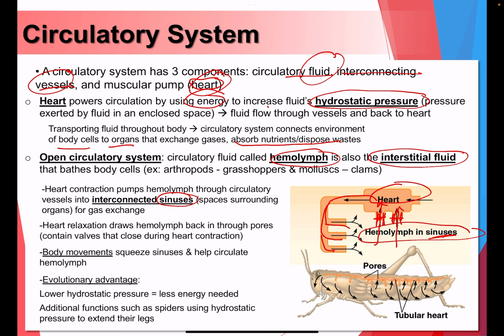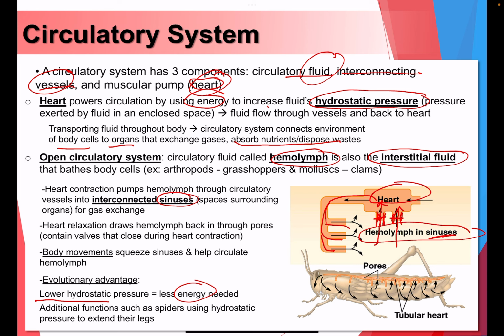So for these creatures, natural selection says this is the best for them, because even though they have very low hydrostatic pressure, because it's just a heart pumping liquid into an open space and sucking that all back up, because of how low the hydrostatic pressure is, very little energy is needed. So the animal doesn't have to spend a humongous amount of calories just on trying to work their circulatory system. They just need very little energy for this type of open circulatory system.